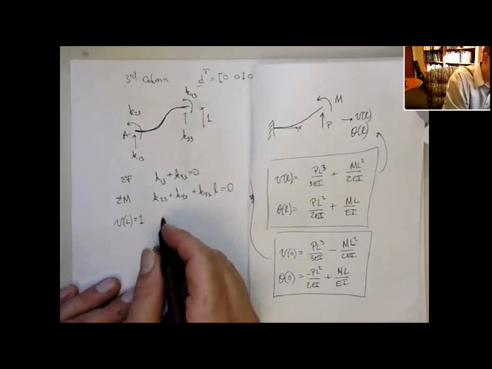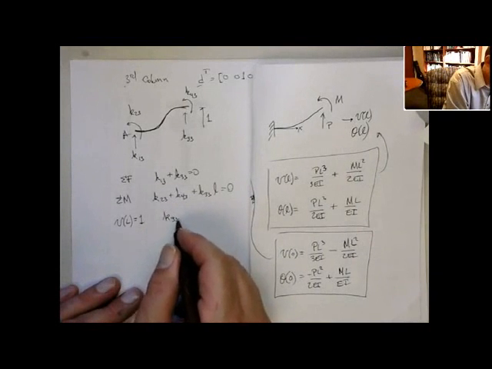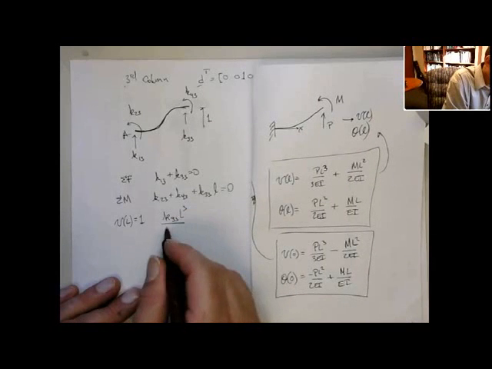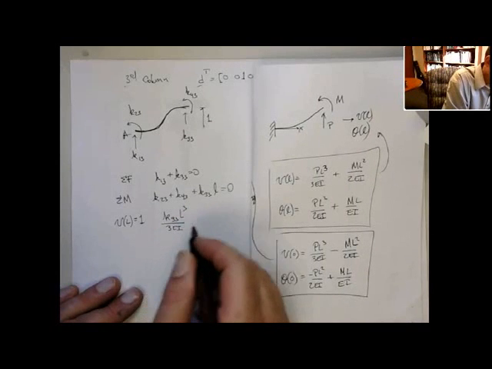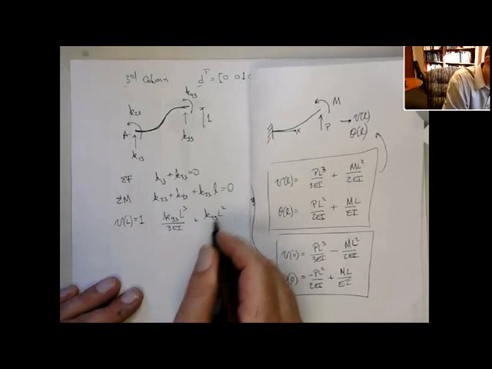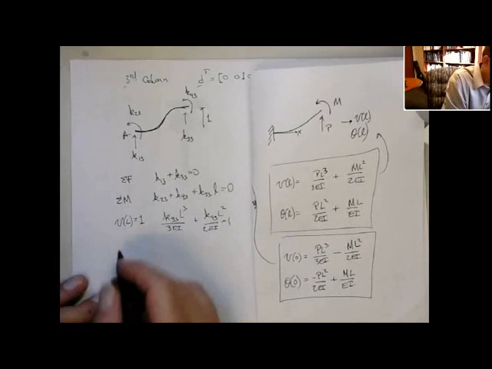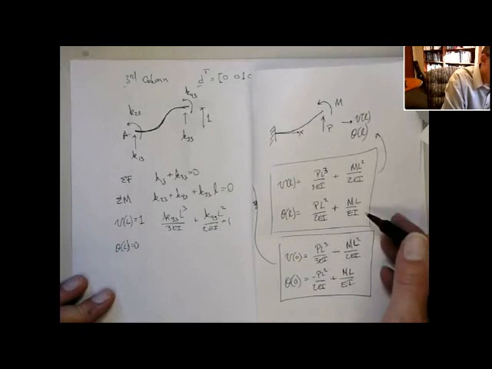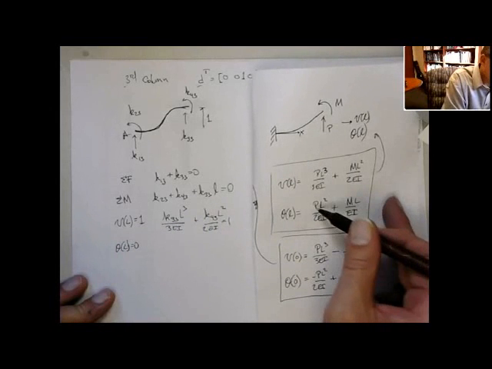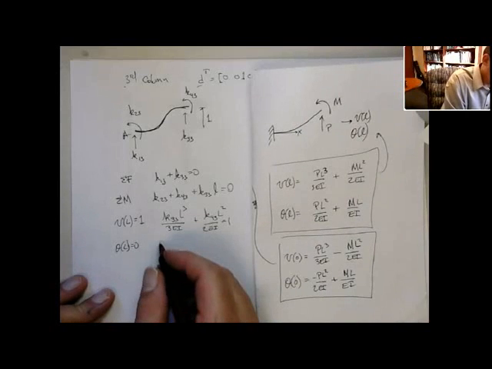So I can directly write this: K33 L cubed on 3EI plus K43 L squared on 2EI equals 1. And then the rotation at L equals 0. So that's this equation. But again, P is going to be K33 and M is going to be K43.